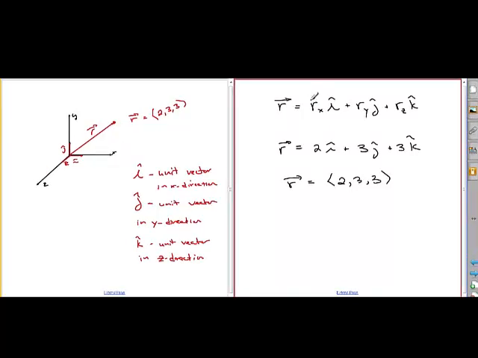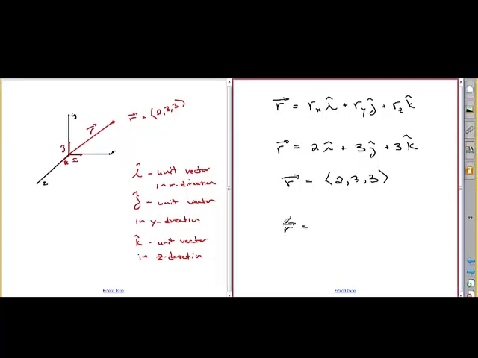So you can also have the position vector, rather than just one given position vector, as a function of time. So you might have 3t times i plus 4t squared times j plus 5k.